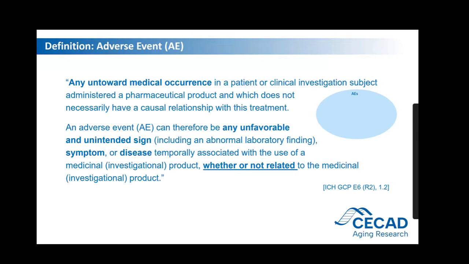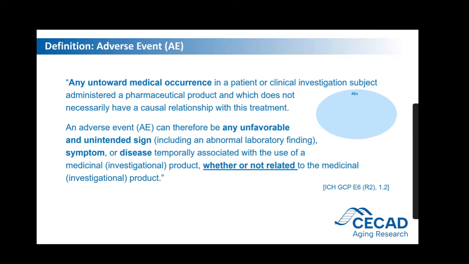And in simpler terms, it just means no matter whether your patient has a headache or a broken bone, and no matter whether you think or not it has a relation to the IMP, each of these events is considered an adverse event because it is a trial subject, and it happened after having received an IMP.